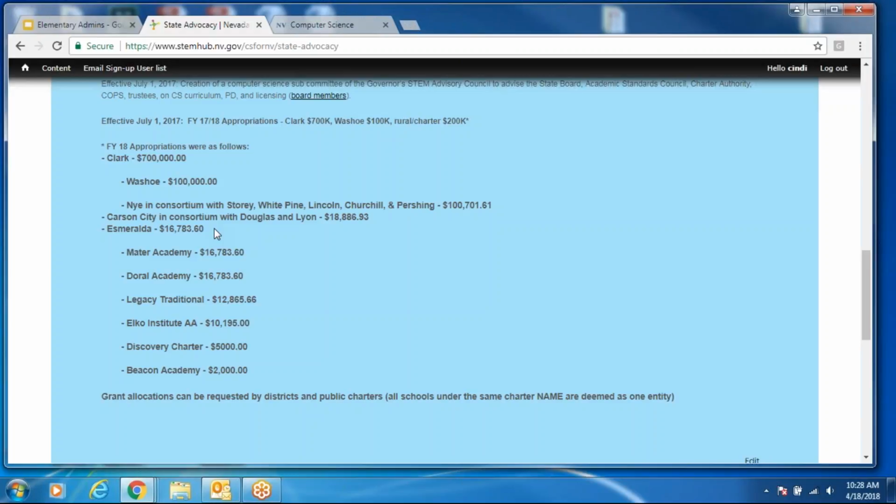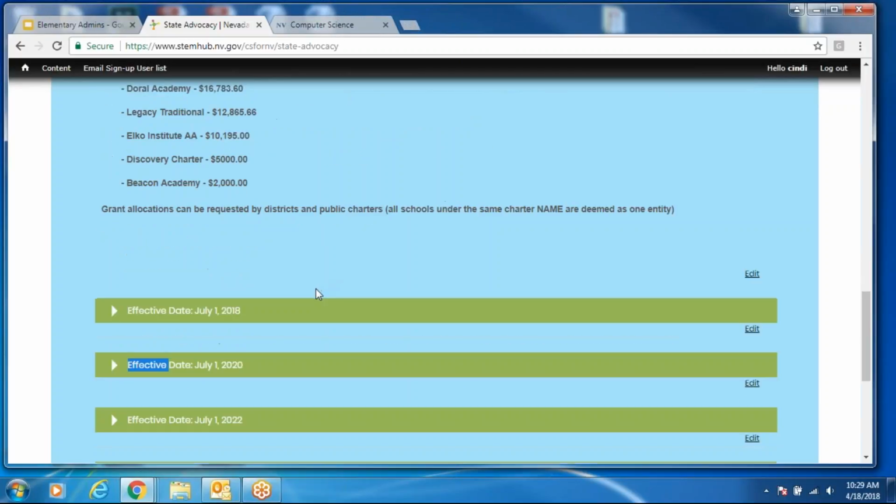Because as you can see, with the different consortiums, the money got divided up considerably differently with each of them, to move whatever vision they had for broadening the computer science education. So I can't really say specifically you get X amount of dollars this next go around.